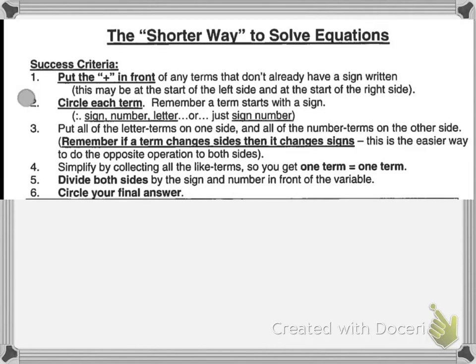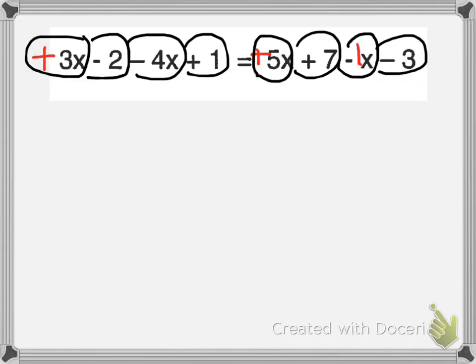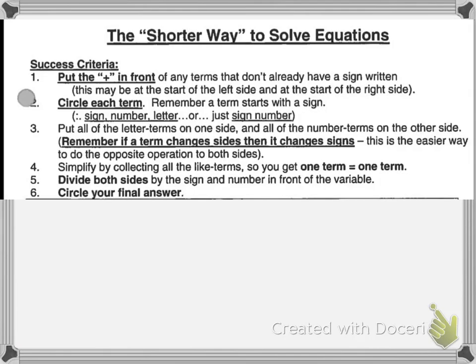Okay, next step. Put all of the letter terms on one side and all of the number terms on the other side. Now, this would take a lot of steps if we had to do two lines to move every term. That would be very, very long. Here's the short way. If a term changes sides, then it changes signs.